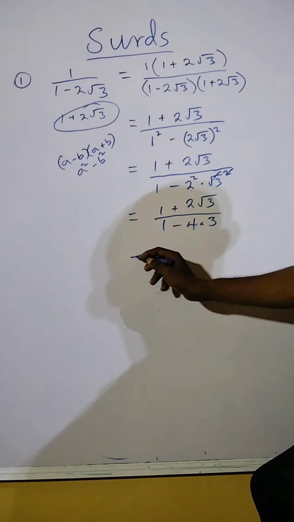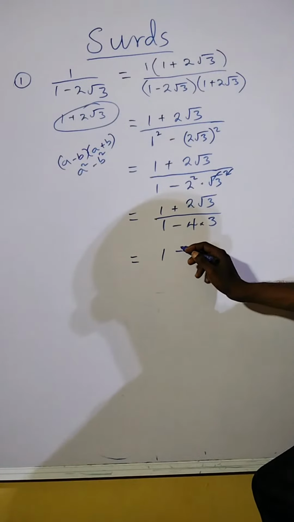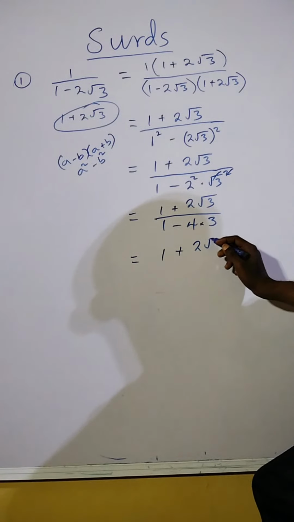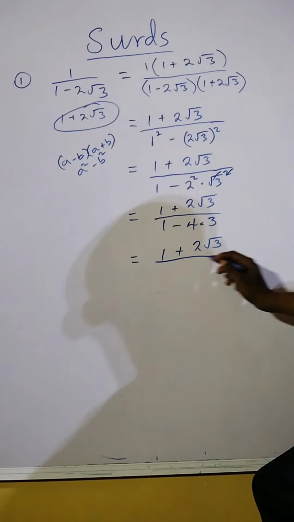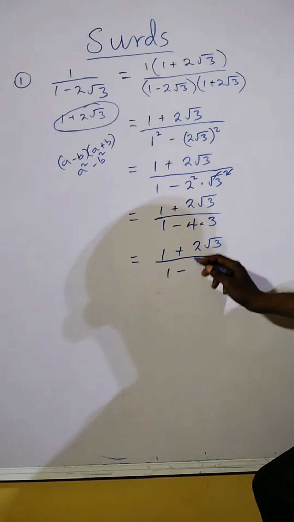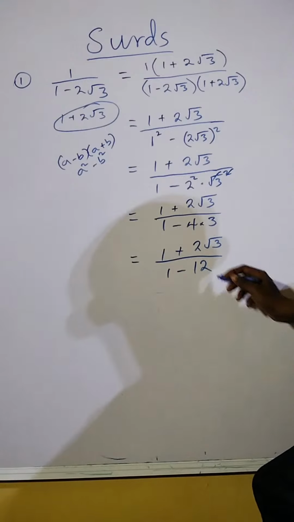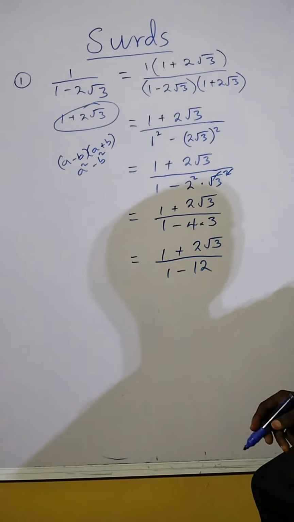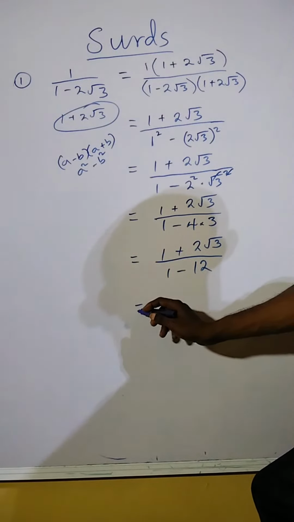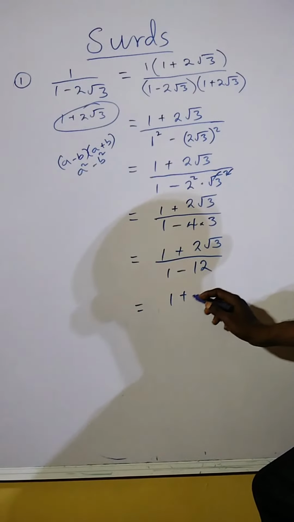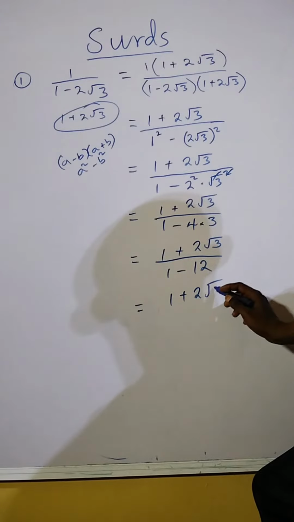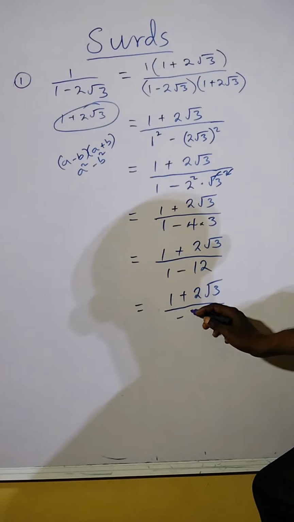Then this becomes 1 plus 2 root 3 divided by 1 minus 4 times 3 here, that's 12. So we have 1 plus 2 root 3 over 1 minus 12, that's minus 11.